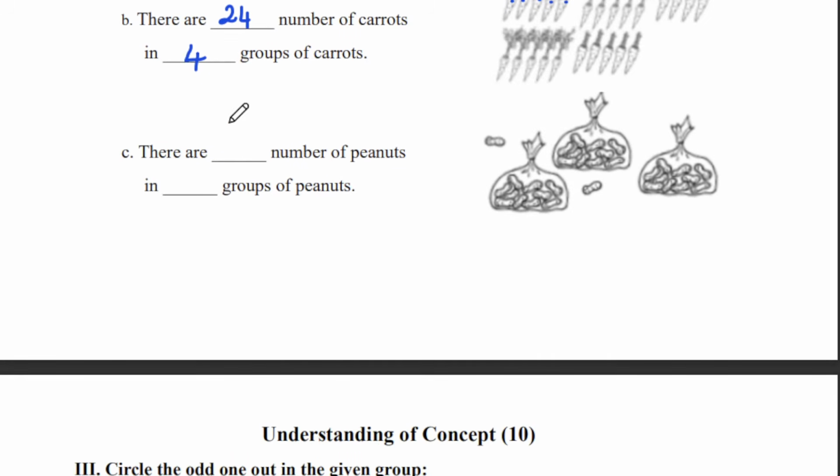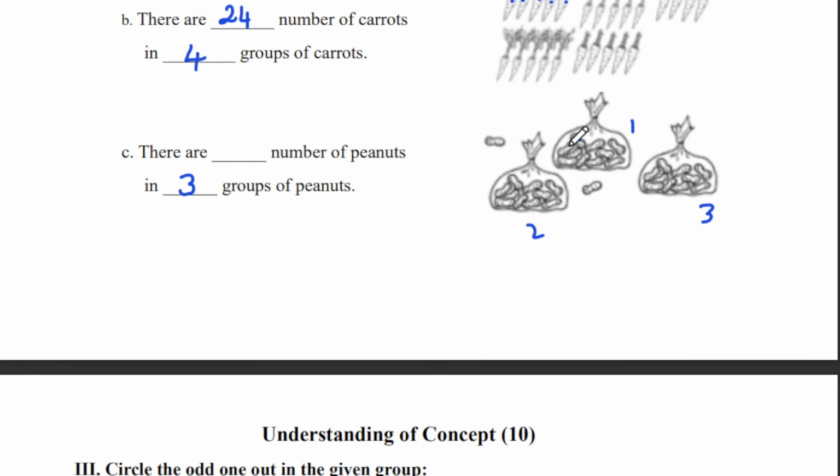Next, there are dash number of peanuts in dash groups of peanuts. So how many groups of peanuts we have? This is the first group, second group, third group. So we have 3 groups of peanuts, and in each group we need to count how many peanuts are there. Okay, I'm going to zoom in and write the answer.